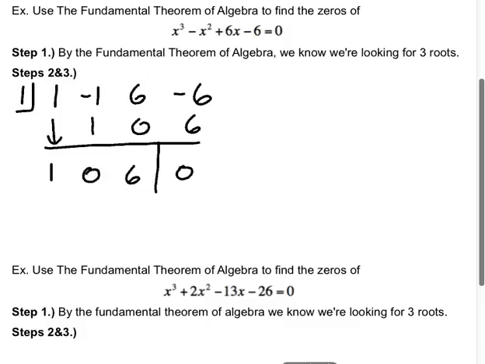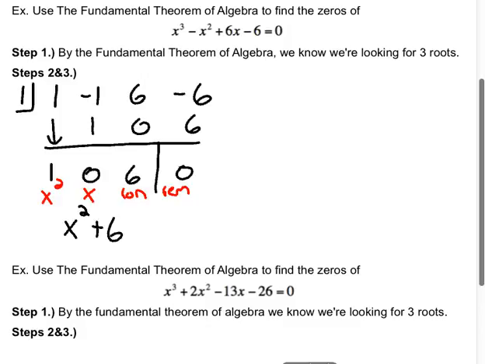So I have a remainder of 0, constant of 6, that's my x squared. So essentially what I have here is x squared, no x's, but I have a 6.